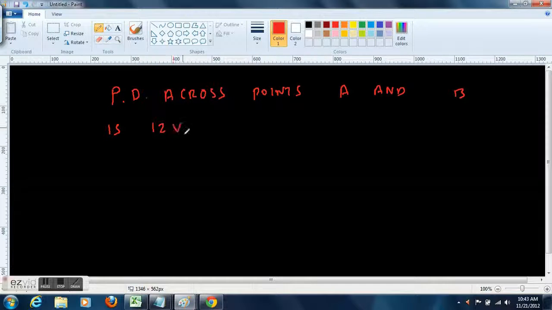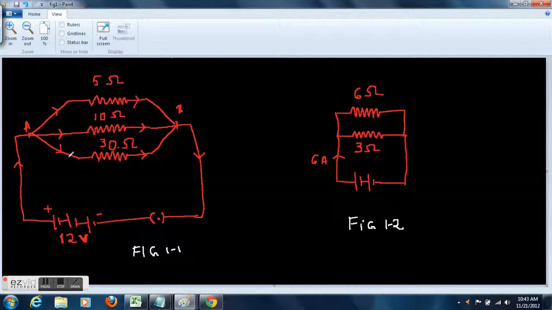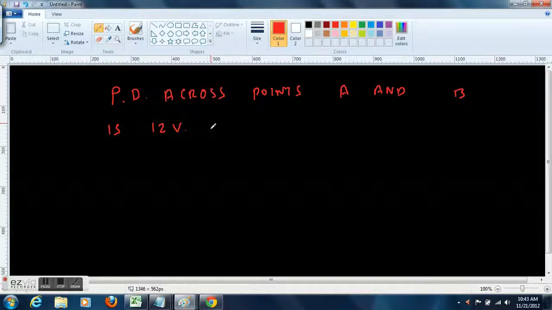That means the potential difference across all the resistances is 12 volt. The reason being, these resistances are connected in parallel, so they all will have the same potential difference.